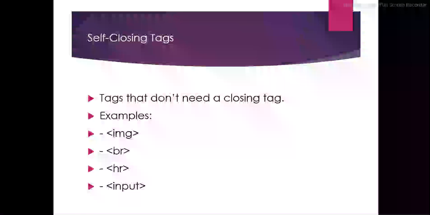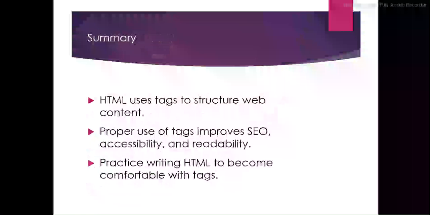You need not mention slash image again, no closing tag. Similarly for break and hr, these are tags which don't need any closing tags. And for input, we'll see in the next class. These are called self closing tags.